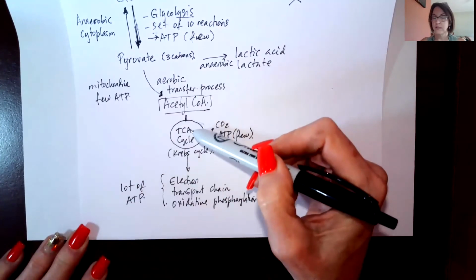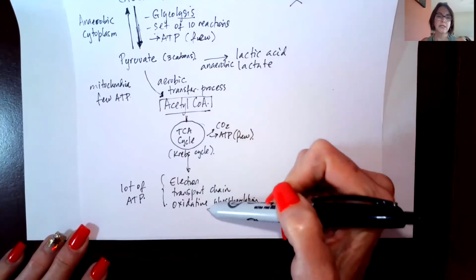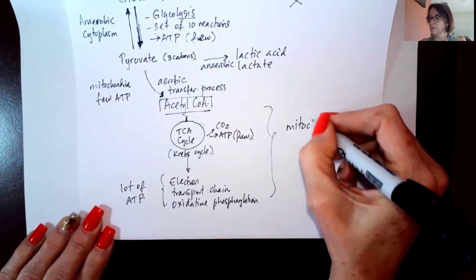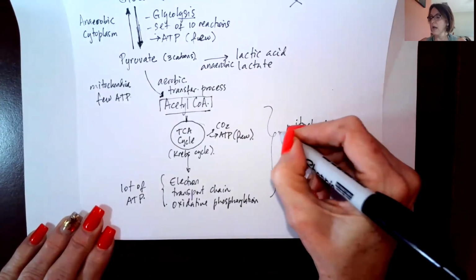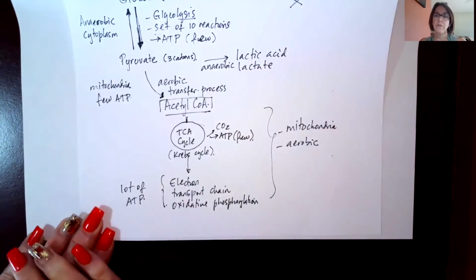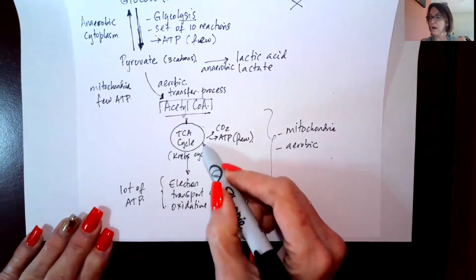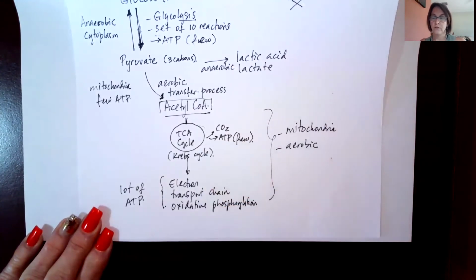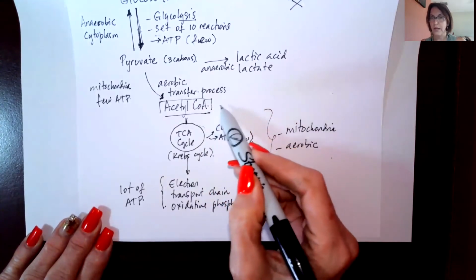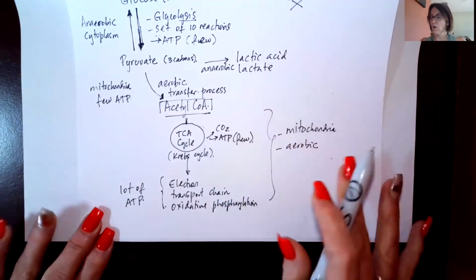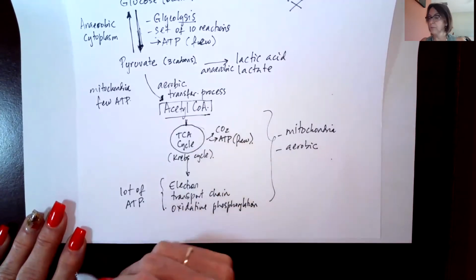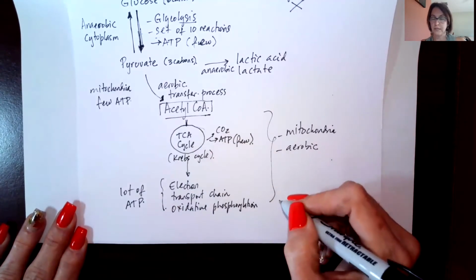All these processes, the TCA cycle and the electron transfer chain, happen in the mitochondria of the cell. They are aerobic, meaning they require oxygen, and they are common for the other molecules, fatty acids, amino acids, etc., that at some point meet this pathway and proceed in the same way to produce a lot of ATP.